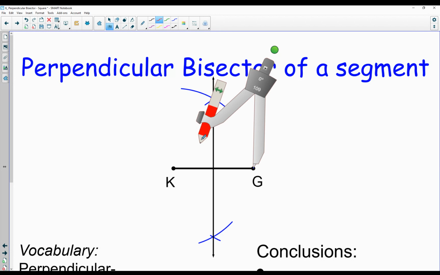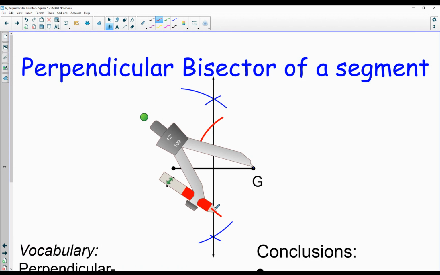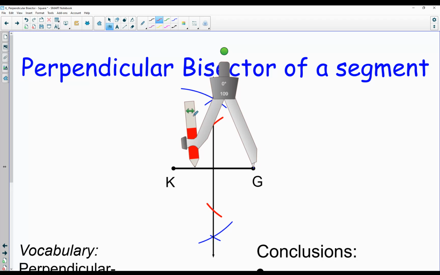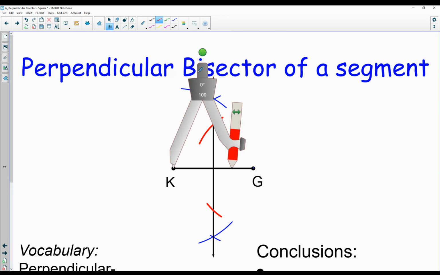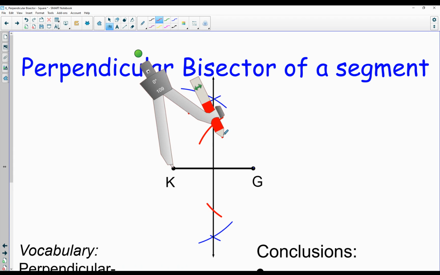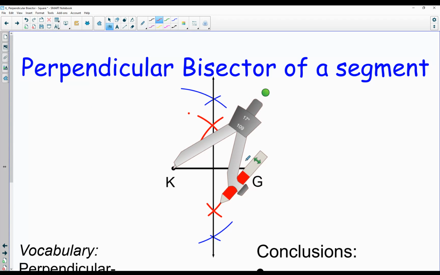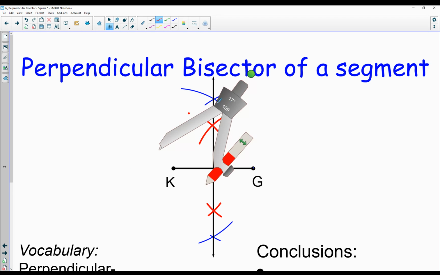And I'm going to create my arcs above and below. Okay? I'm going to keep the width the same. I'm going to flip it. I'm going to move it to K, and I'm going to do the same thing. And what do you notice? The arcs intersect still on that line. So it would still create the perpendicular bisector.